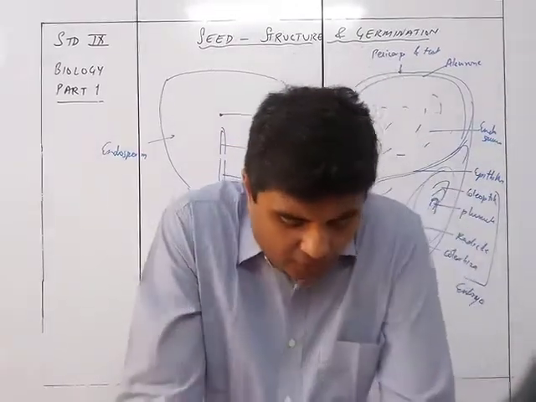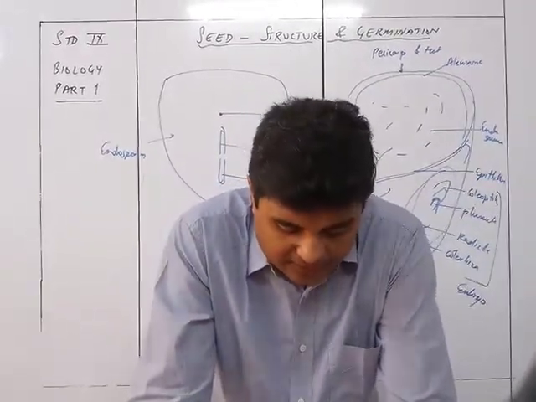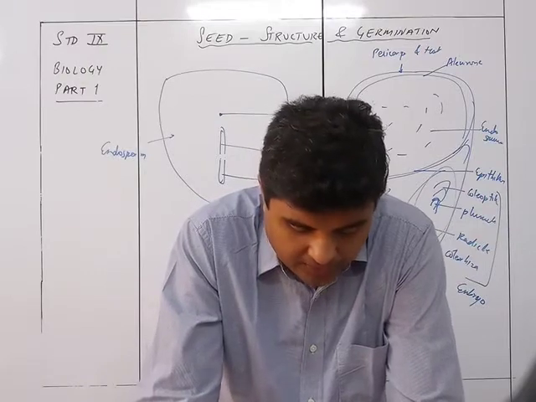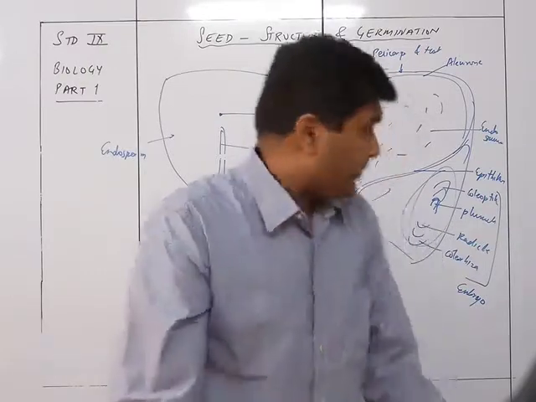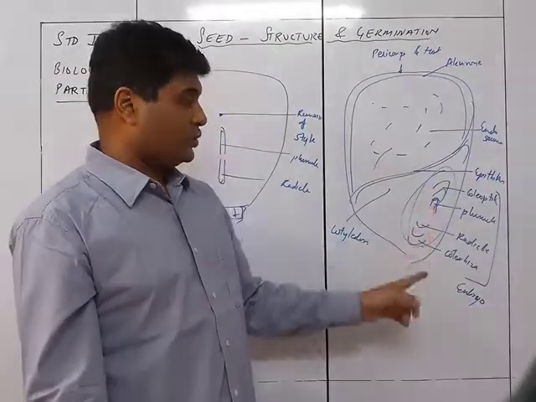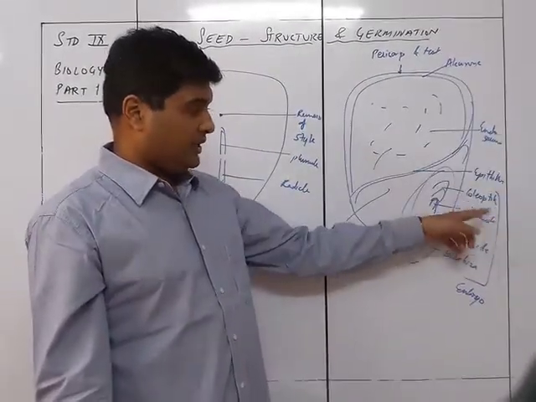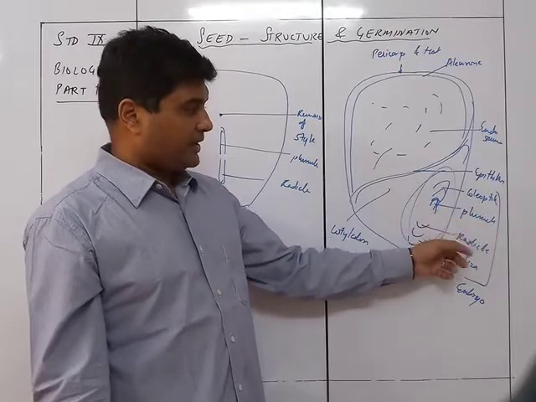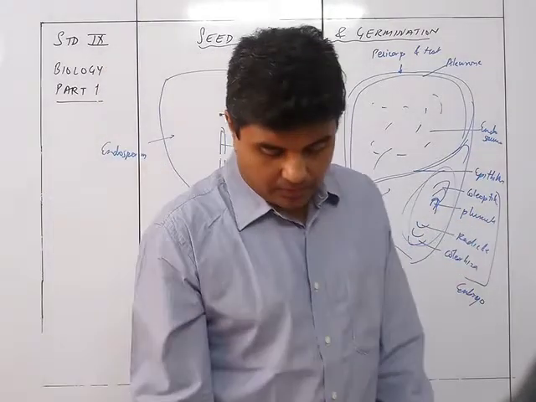The embryo consists of a single cotyledon called the scutellum, a radicle and a plumule.